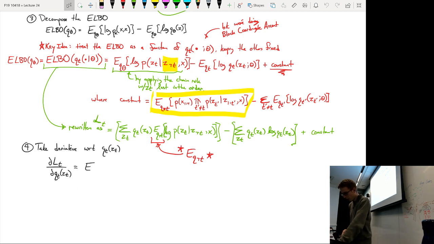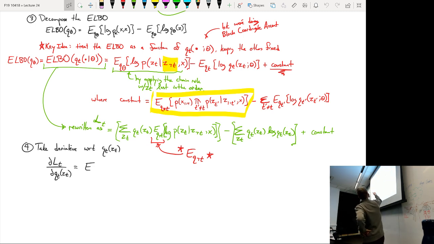Okay, so now when we take the derivative, what we get back is essentially something really simple, right? If you look at this, these two sums are just, in the first case, a linear function of QTZT.